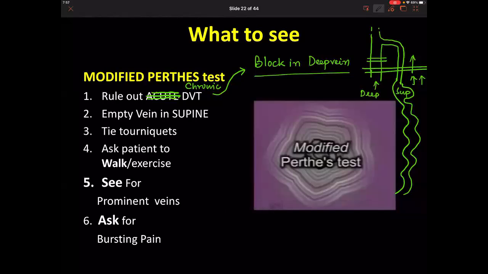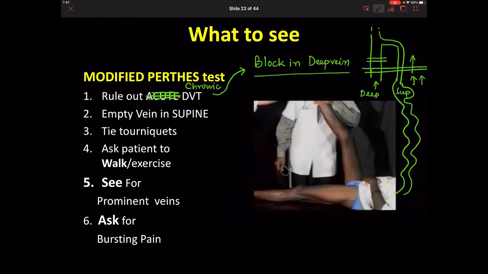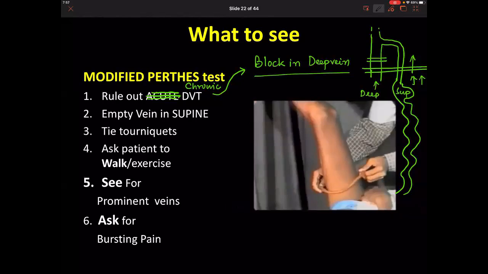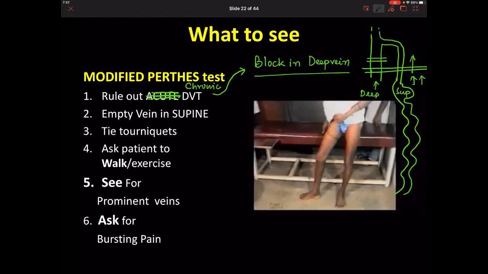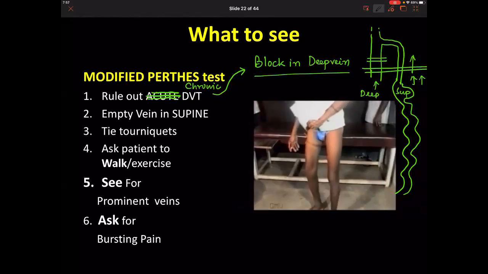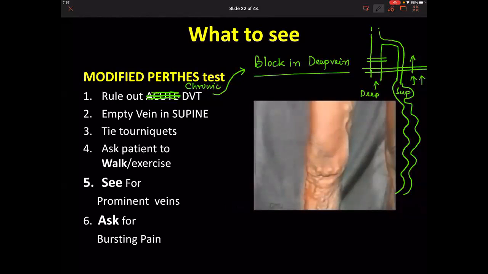In this test, the only simple thing you have to do is tell the patient to elevate the leg, tie the tourniquet, and tell the patient to walk or exercise. The only problem with walking is that the patient can walk away from the exam hall, so please mention that the patient stays in the exam hall.